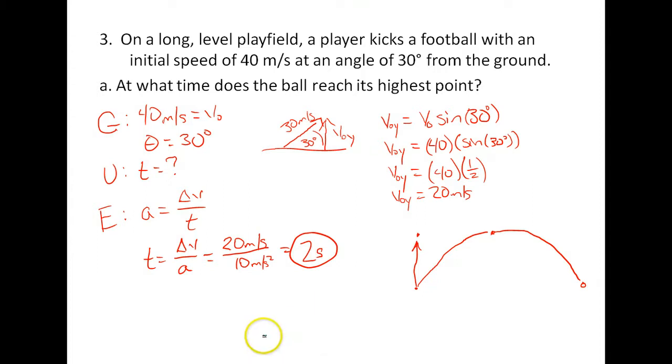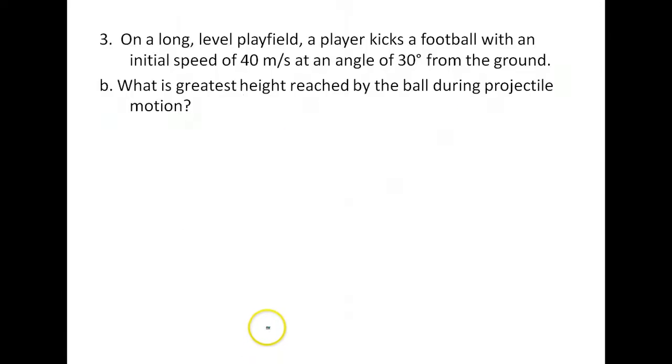All right, now let's look at the next part of this. B, what is the greatest height reached by the ball during projectile motion? For this next part, we need to look at that height. When this thing is launched, comes up here, and comes back down, we know that the time to go up and the time to come down are identical.